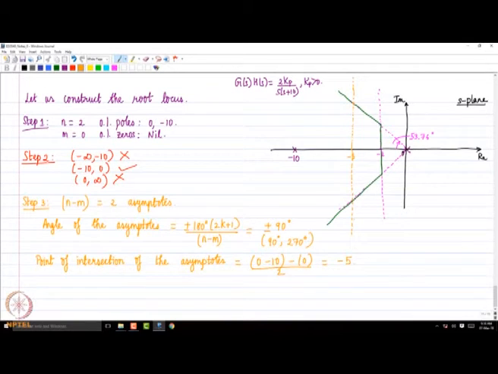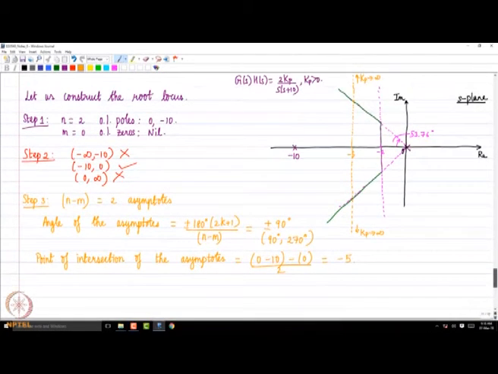Those are the two asymptotes, as k tends to infinity. As kp tends to infinity, this is the direction in which the root locus branches would tend towards. So, that is step 3 of the construction of the root locus.